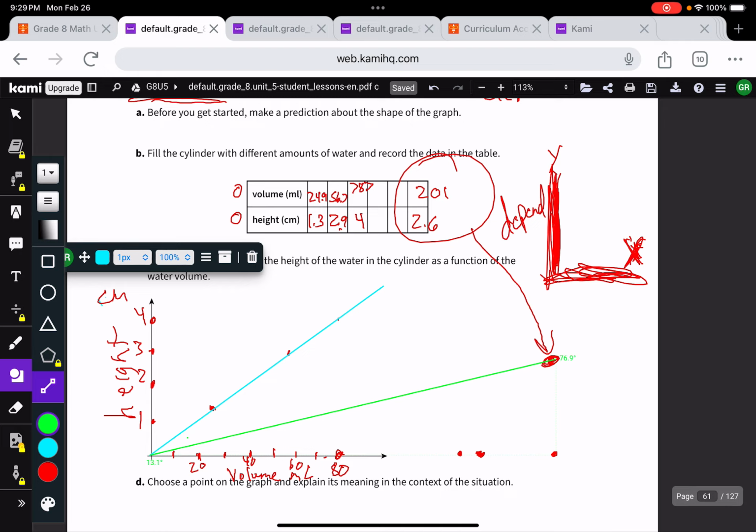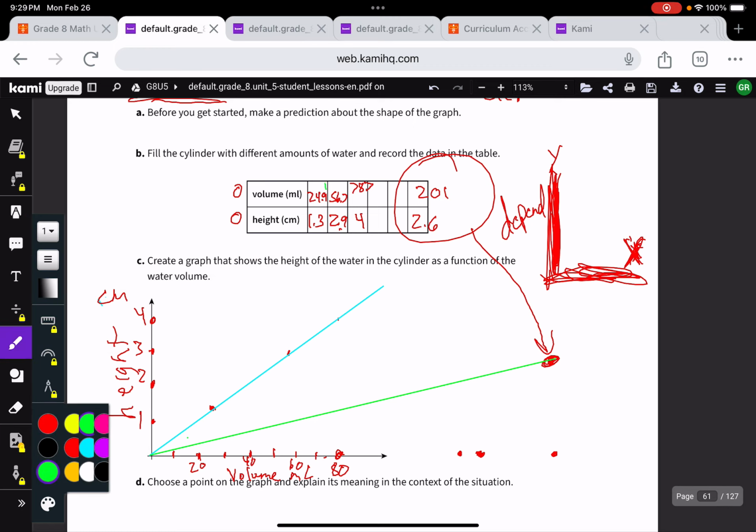Look, the slope is a lot less. What does that mean? Well, the slope of this one, it wouldn't be hard to calculate, rise divided by run. If I'm looking at these two numbers, the rise would be 1.3 divided by 25.